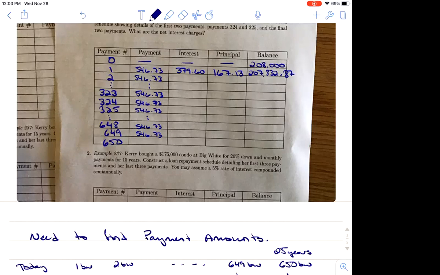So now I get $379.30, 30 cents less in interest. I did the 207,832.87 times the interest rate I2, which I've stored in 1.